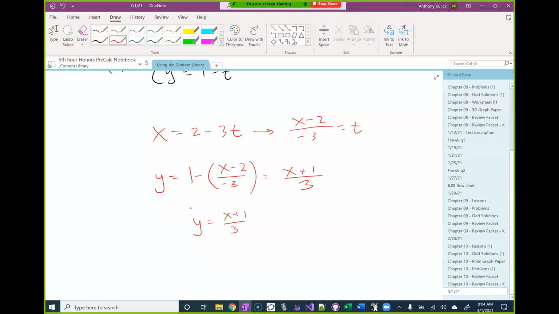All you're basically doing is solving a system by substitution, right? But here's the catch. This is not quite complete. Because like we've seen before when we graph these parametric functions, the domain and range for that parametric function in terms of x might not be exactly the same because you might not get the whole graph, right?